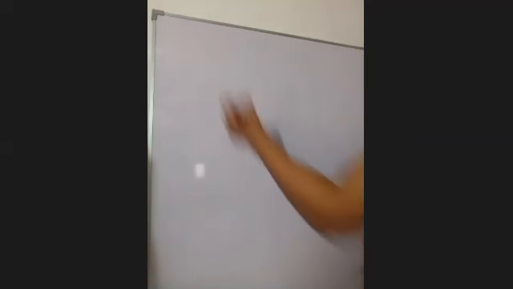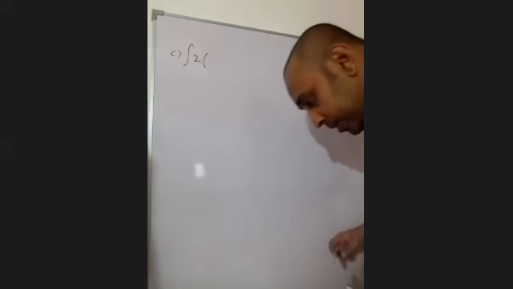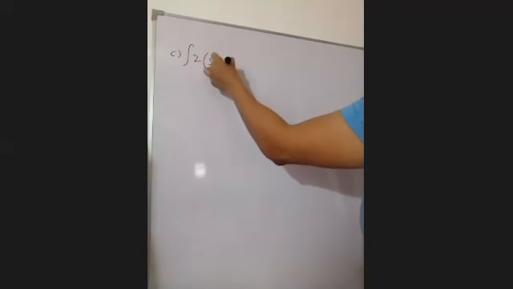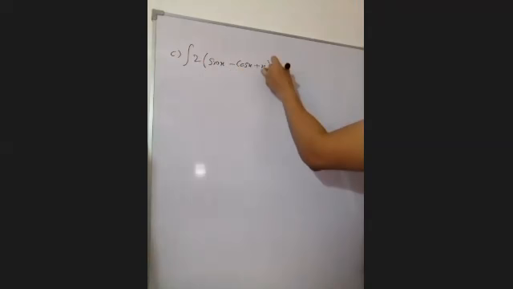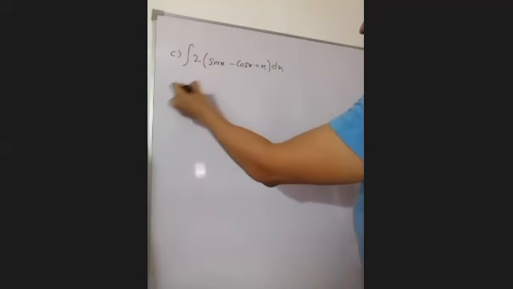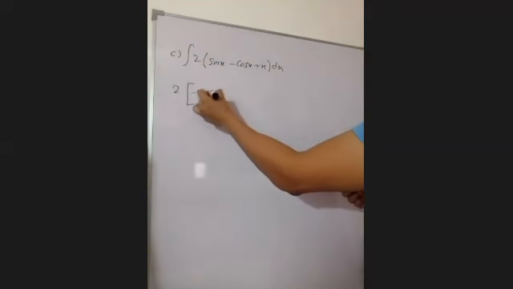Right. The next question. The integral of 2 sin x minus cos x plus x plus 6, dx. So this 2 is common for everything, then you can take 2 out and we can work out with the figures. 2 sin x integration is minus cos x.